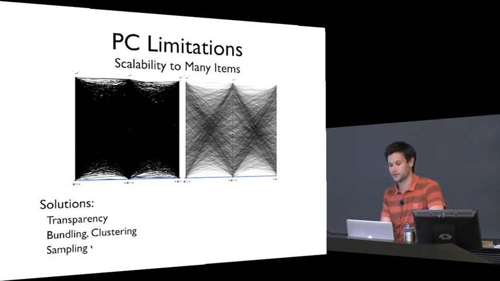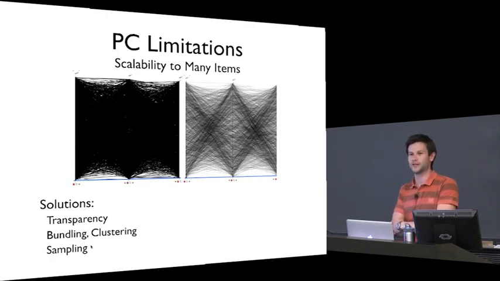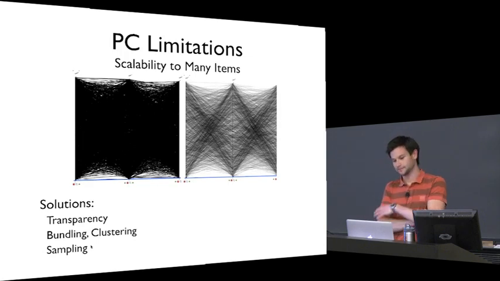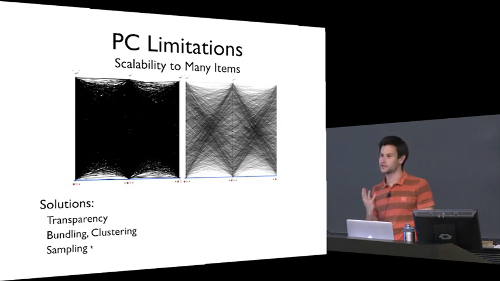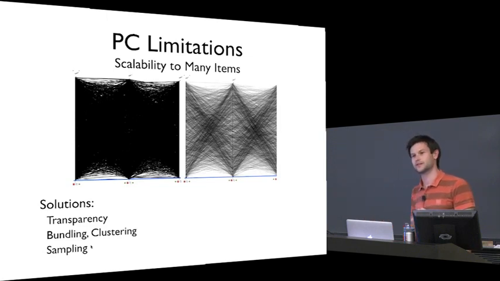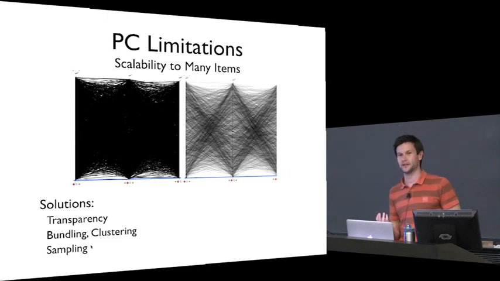Another way to cope with many items is to use sampling. If you have a data set that is normally distributed, then you could just throw out, let's say, every second item that you have. And the overall pattern will still be the same or very similar. That's called sampling.